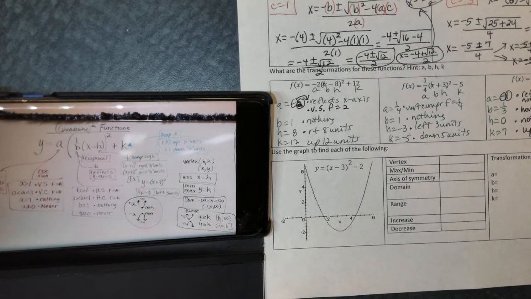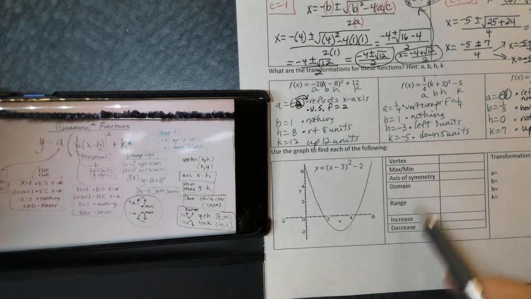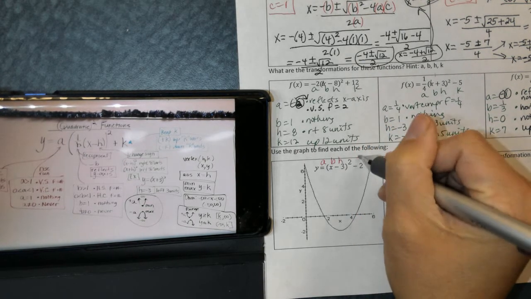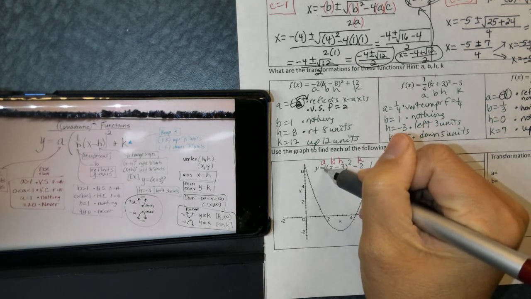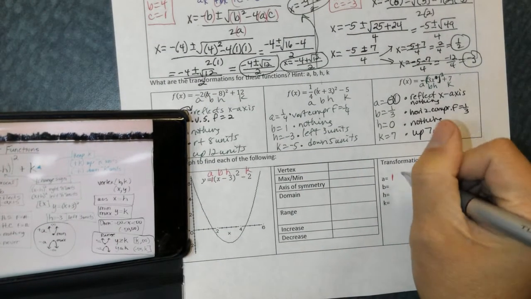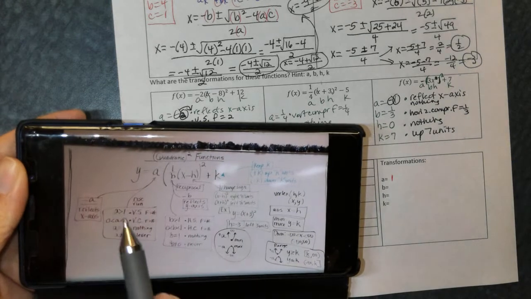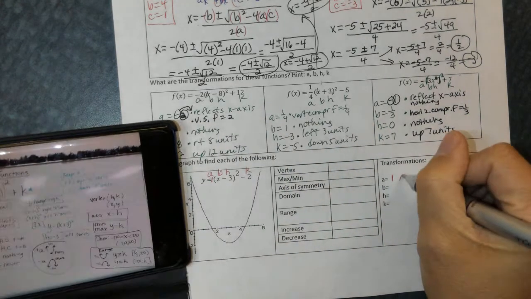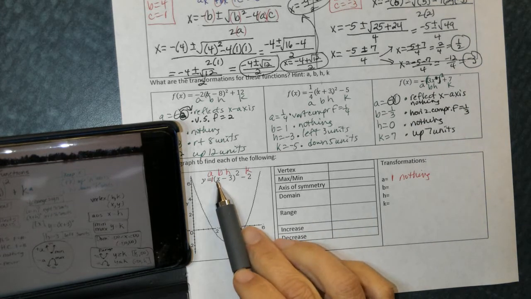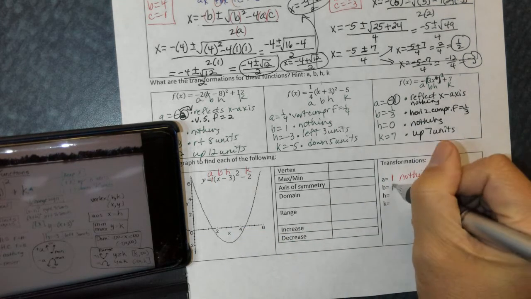Here we go. So on this bottom one, they want you to find all these things. Alright, first let's start with this. Remember, A goes here, B and H go in here, and this is K. A, there's nothing there, so really guys, it's a 1. And that's what you can put over here. It's a 1, which if it's a 1, remember it does nothing. B is also 1. You have to find the reciprocal, and the reciprocal of 1 is still 1, guys.